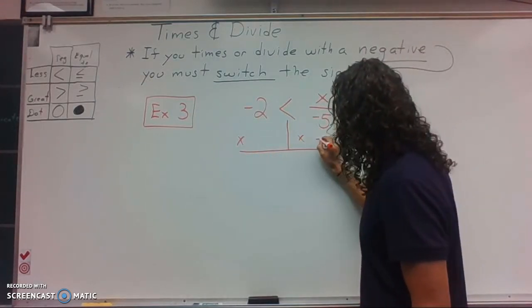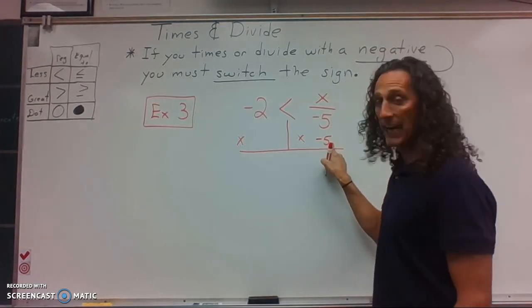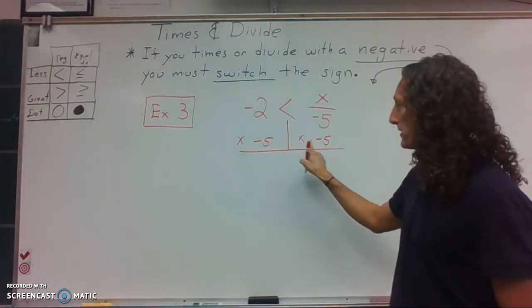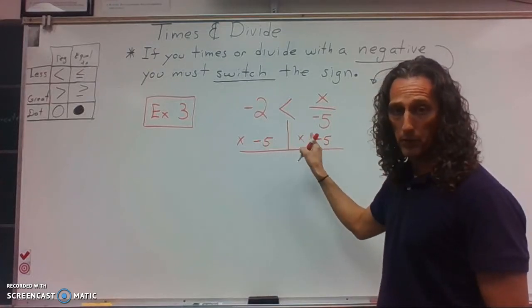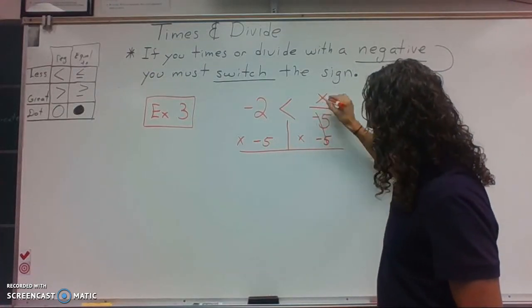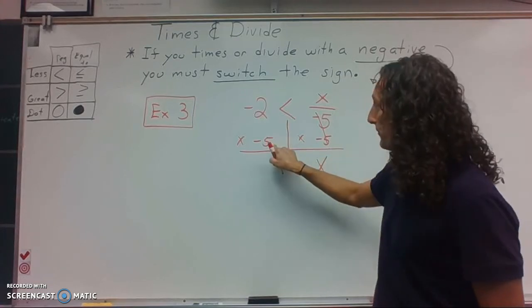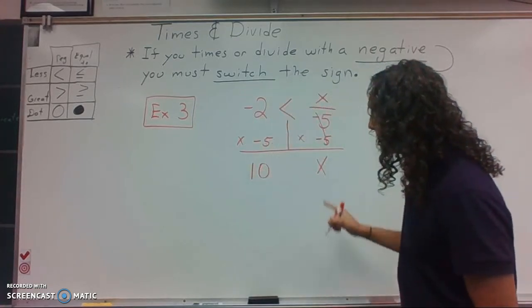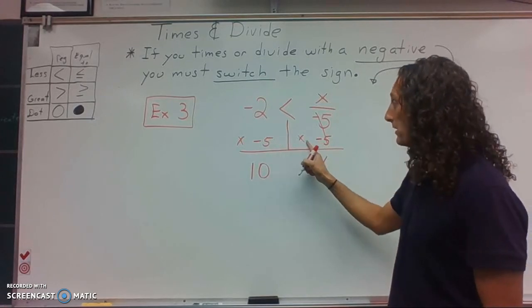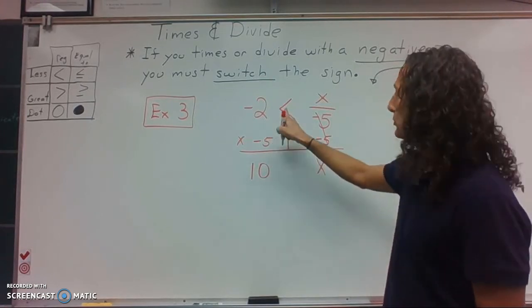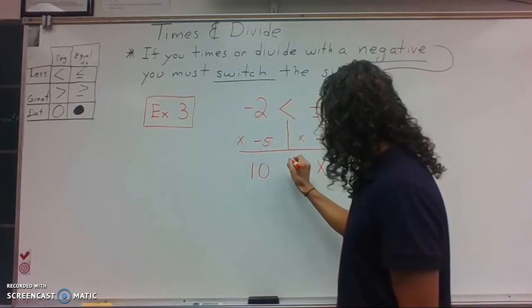So I'm timesing by the -5. And because the negative is on the bottom, because I'm going to multiply by it, these cancel out, the x falls down. -5 times -2 is a +10. But again, because I'm timesing by a negative number, I have to turn this inequality sign around.